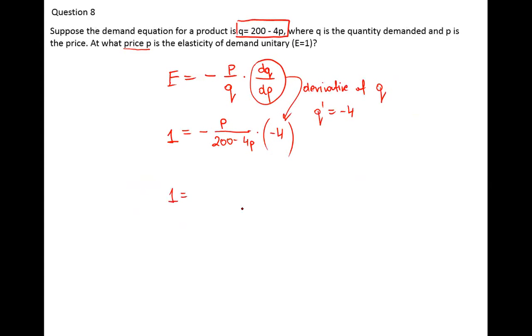Let's try if we can make it. Negative times negative will be positive. 4 times P is 4P, and 200 minus 4P. Let's cross multiply. Let's add 4P to both sides. That means P is simply 200 divided by 8, 100 divided by 4, 25.